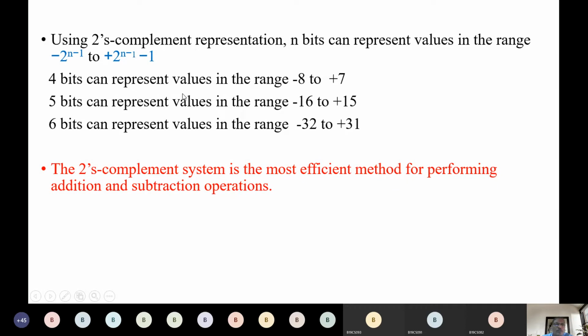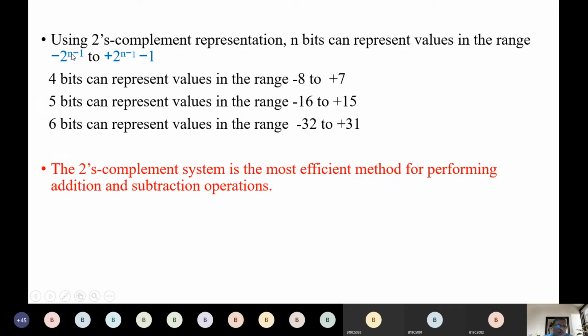So I have 4 bits, and the formula is this one. We can represent from minus 2 to the power of n minus 1 to plus 2 to the power of n minus 1, minus 1. So if it is a 4-bit 2's complement number, we can use this formula and substitute 4 here.